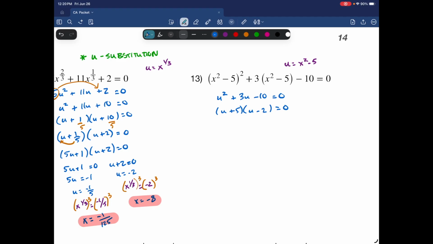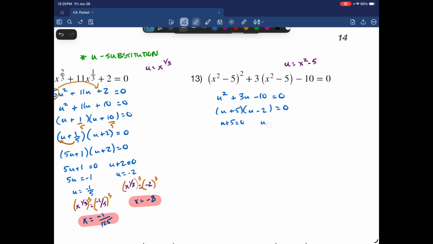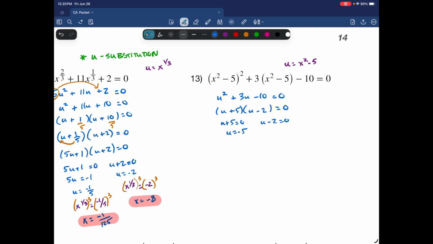And I know it's plus 5 because the middle term is positive, so the higher factor gets that sign. So I got u plus 5 equals 0, u minus 2 equals 0. So u equals -5, u equals 2.